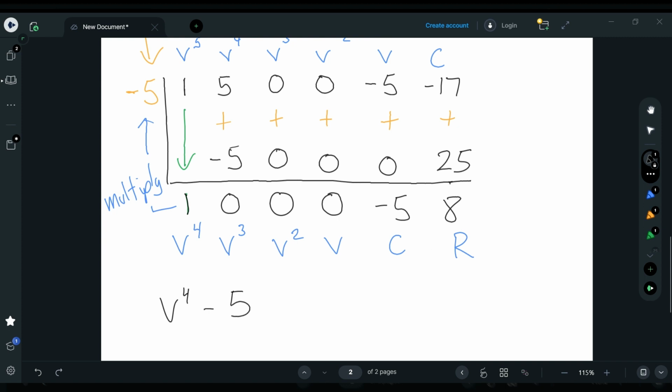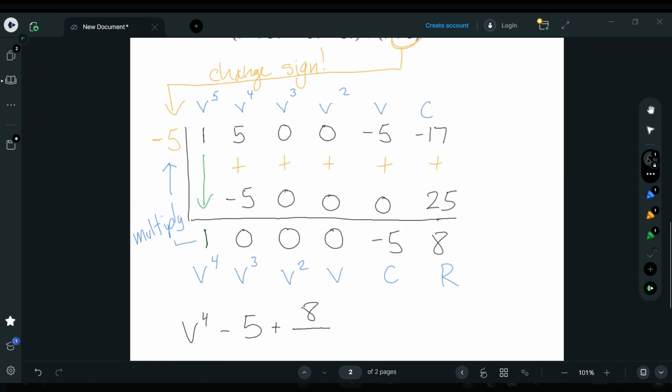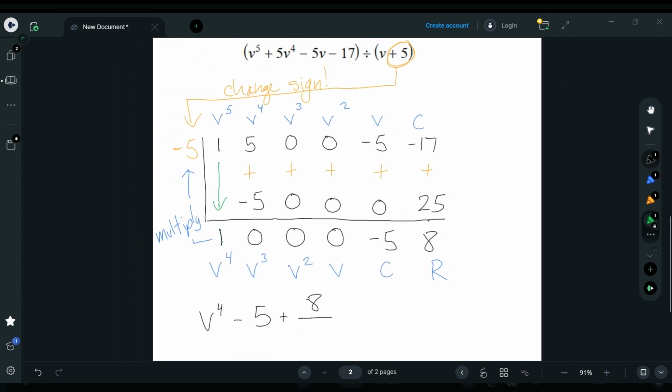So remainder gives us a fraction. This number goes on top. It's positive, so I'll put plus. And then the last piece here, what goes here in the bottom of the fraction, that's always going to be the binomial that we were dividing by, v plus 5. Bring that down, put it here, v plus 5. And this is our final answer.